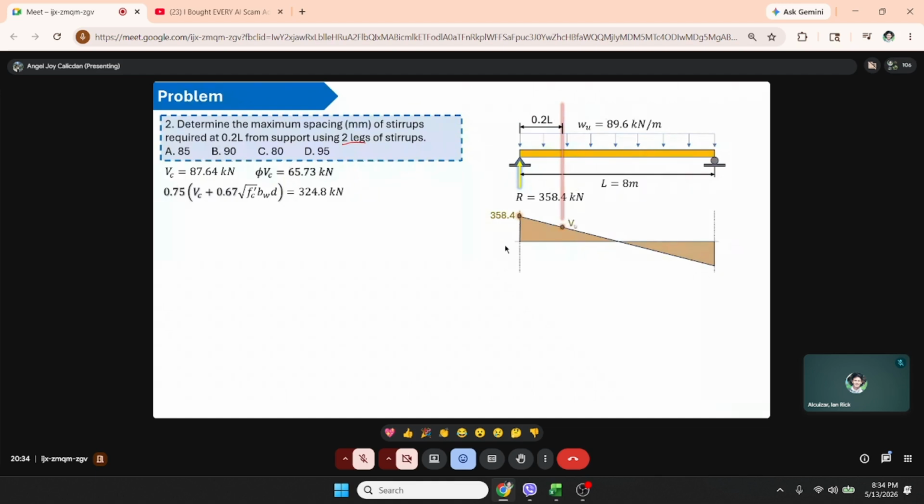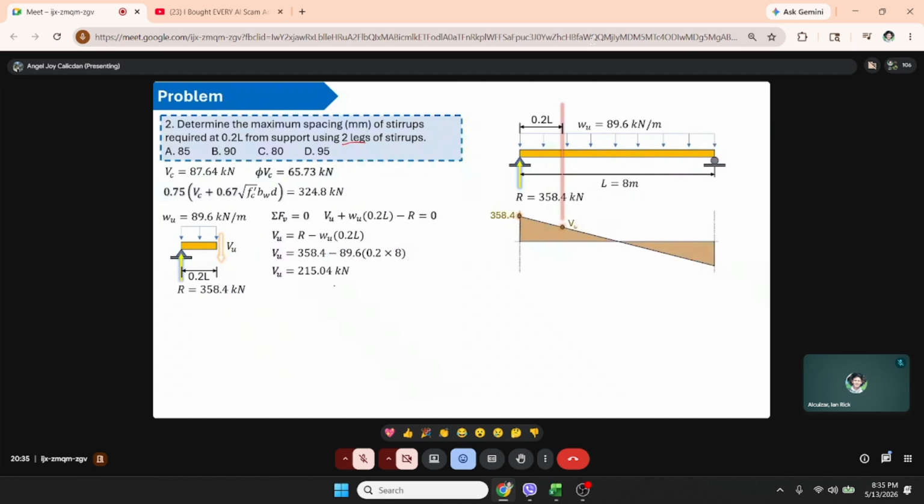And we'll use its VU. So we cut here to get the VU. All downward is positive when summing vertical forces, and upward is negative. Rearranging to get VU, we have R minus WU times 0.2 L. Substituting the R, the WU, and the length of 8 meters, we get VU is 215.04 kilonewton.